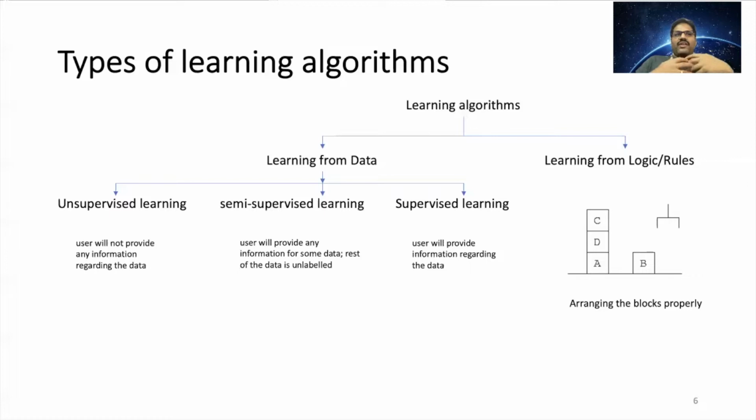In unsupervised learning, the user will not provide any information about the data. The user simply provides the data to a learning algorithm, and it tries to get interesting information hidden in the data.